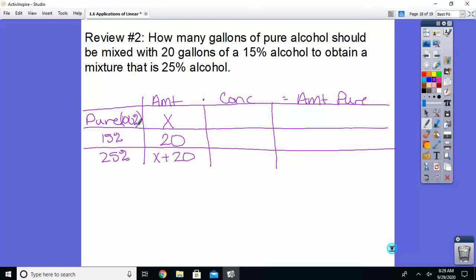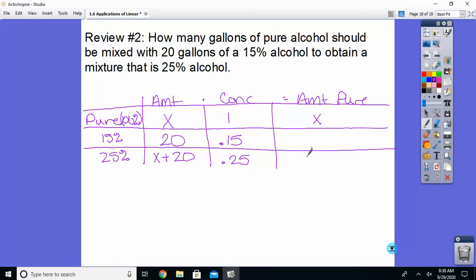Okay, pure, that's 100%. How do we write that as a decimal? 1. 15% and 25. Okay, so then we multiply.